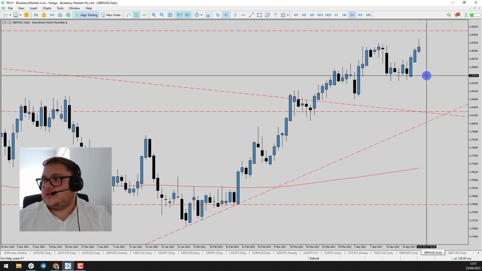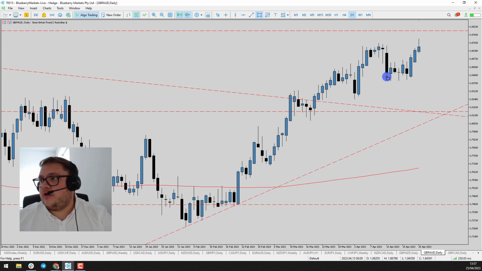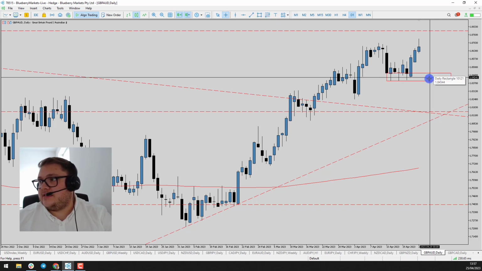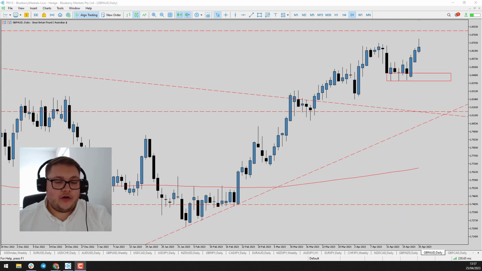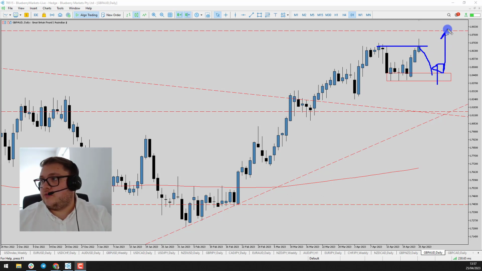What I want to do is buy at a low. So the first area I'm interested in personally is down at this 1.8450 handle. If I watch price come back down from these highs to that level and we get some kind of bullish rejection that meets my strategy rules, I'm going to look for an opportunity towards the 1.88 and then the 1.91 handle.